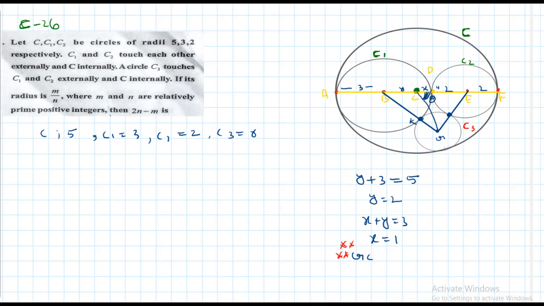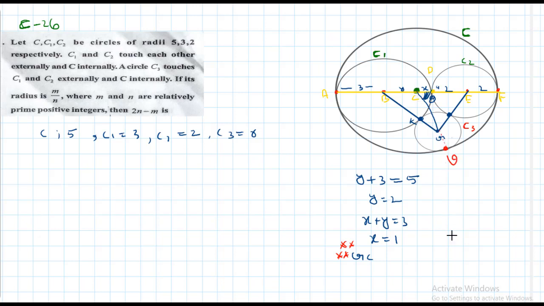CG and this point of tangent are collinear again, because C is the center of the bigger circle and G is the center of the C3 circle. The bigger circle and the C3 circle touch one another, so the center of the bigger circle, the center of the circle and the point of tangent should be collinear. Means C, G, and say this is V, these three points are collinear.